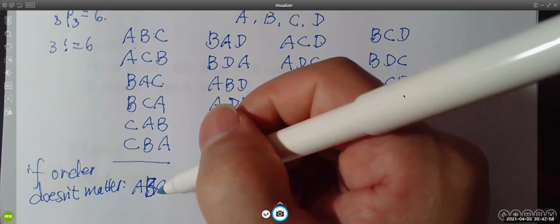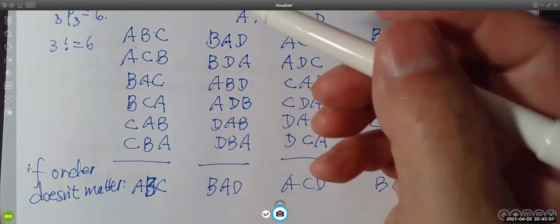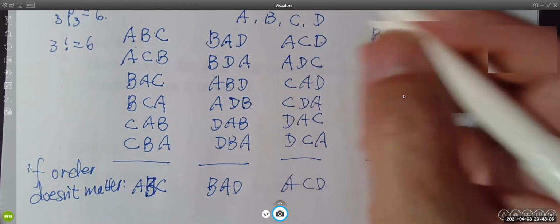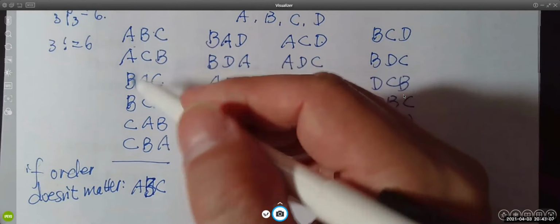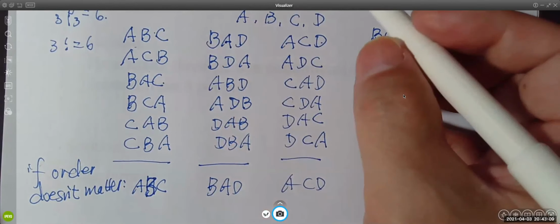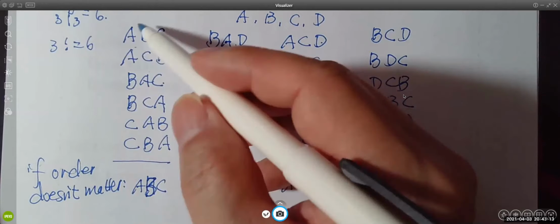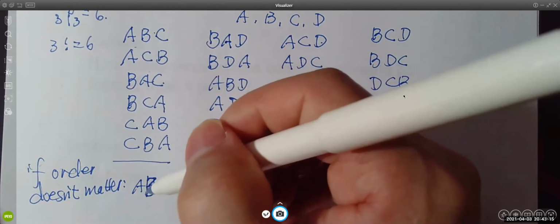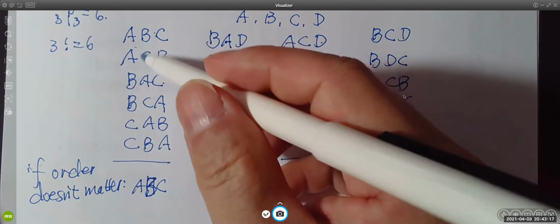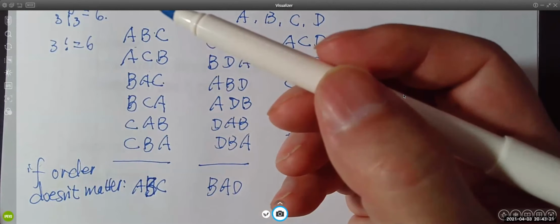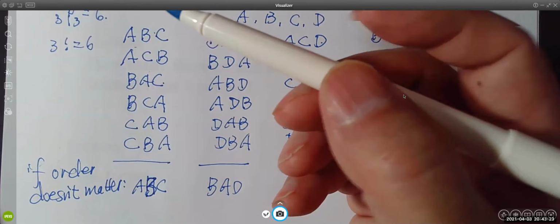We understand that now. Now imagine if we didn't select 3 letters out of 4 letters, but 4 letters out of 5 letters. Then the rearrangements among those 4 letters will produce more than 6. That's 4 factorial, and 4 factorial is 24.